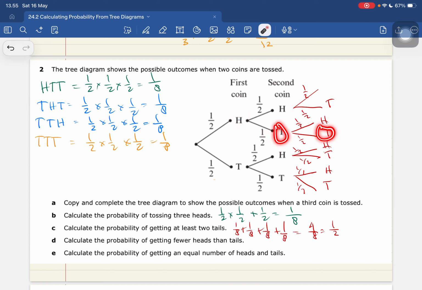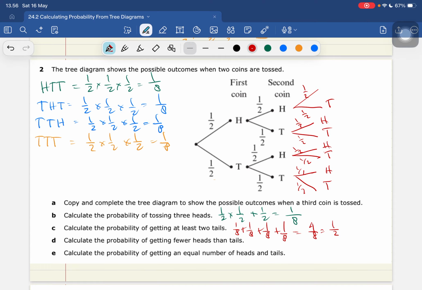Head, tail, and tail, we write it. Next, tail, head, and head, no. Tail, head, and tail, we write it. Tail, tail, tail, we write it. So it's the same thing as C, so we can just write 1/2.